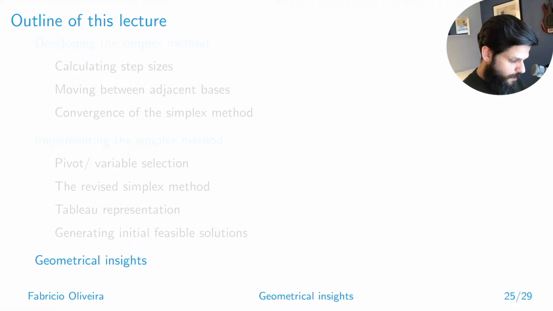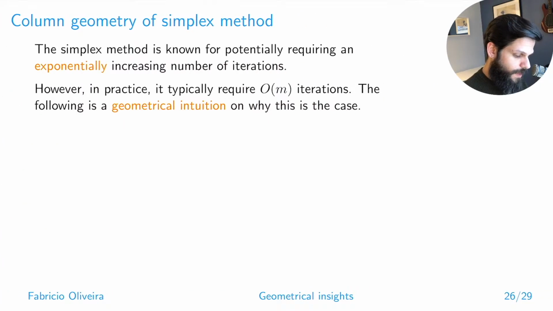Right, so in this last part, we're going to look into some geometrical insights related with the simplex method, trying to convey why it is that the method actually takes way fewer iterations than would be expected. If you think about how many iterations the simplex method should take, it should be proportional to the number of vertices, which we know grows exponentially with the number of variables and constraints.